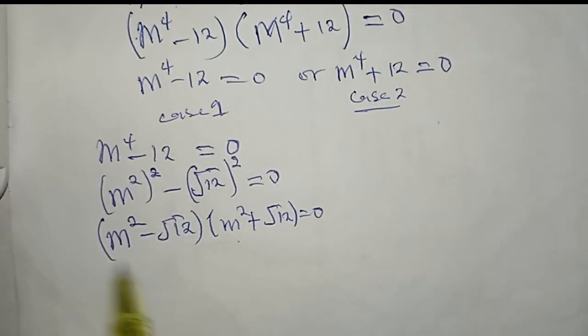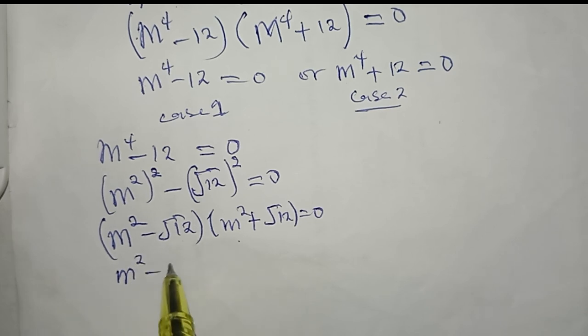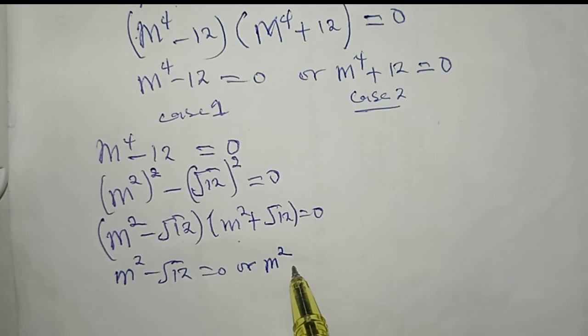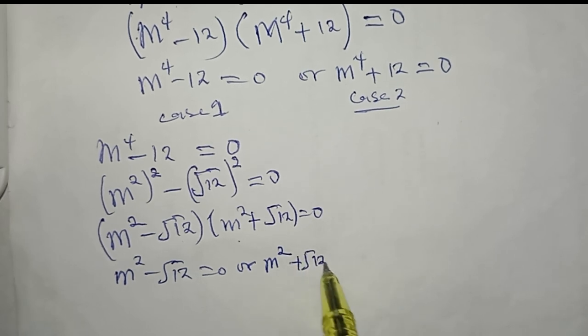Okay, so again, m power 2 minus root 12 is equal to 0, or m power 2 and then plus root 12 is equal to 0.